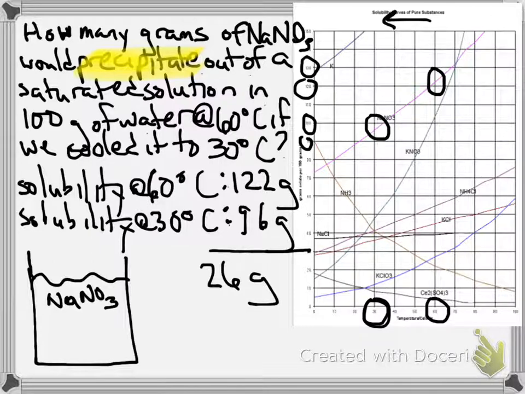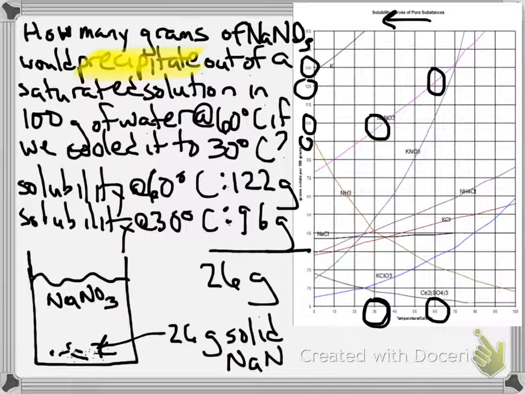These two ions don't really have any color to them, and there would be just a pile on the bottom of 26 grams of solid NaNO3. Now, when we had heated it up to 60 degrees, all of that was dissolved. But now that we've cooled it down to 30 degrees, and now that we can't dissolve as much, we're going to notice that start to show up as a solid on the bottom of our container.